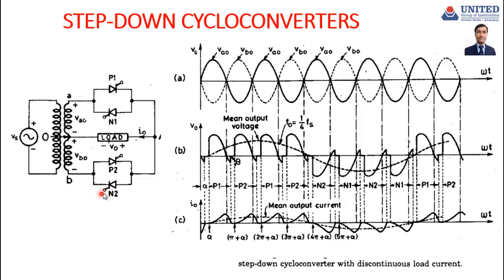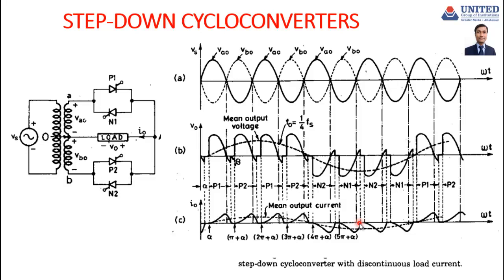Now when N1 is fired at 5 pi plus alpha, then I naught current again flows and it goes to 0 before N2 is again gated.